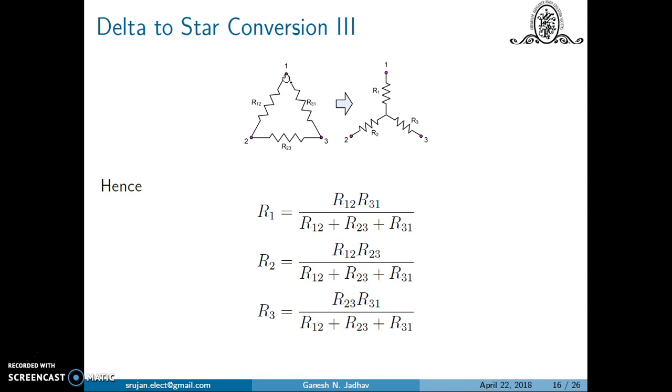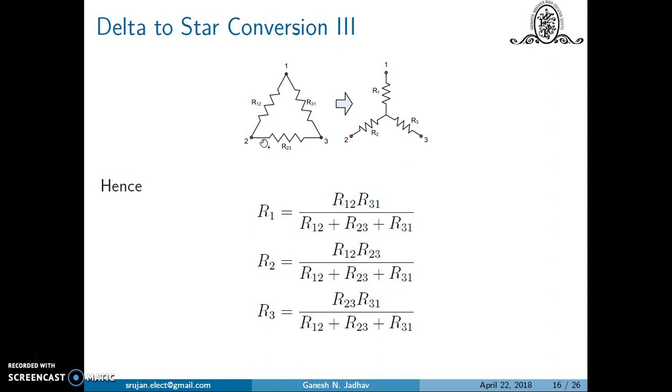See here carefully, I want to calculate R1, which is here. It is easy to remember this formula: for this branch, it is the multiplication of the two adjacent legs, R12 into R31, divided by the sum of all resistances.